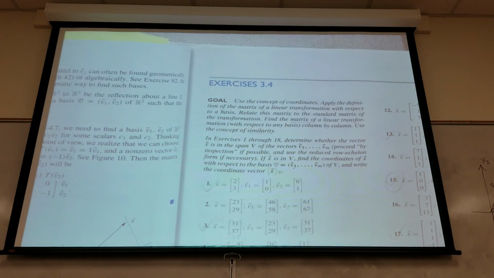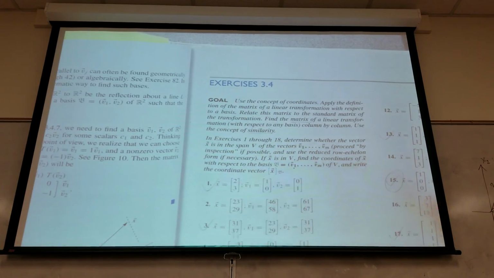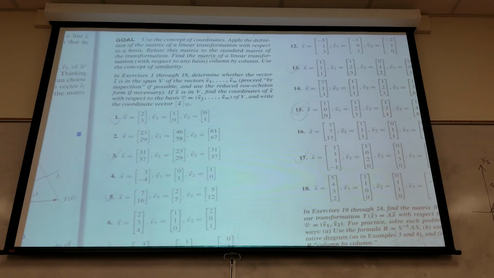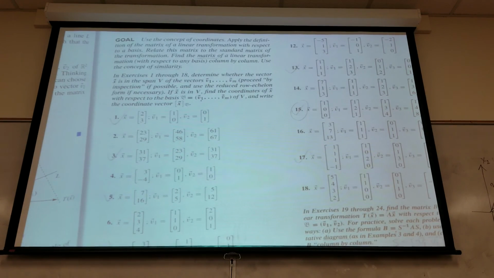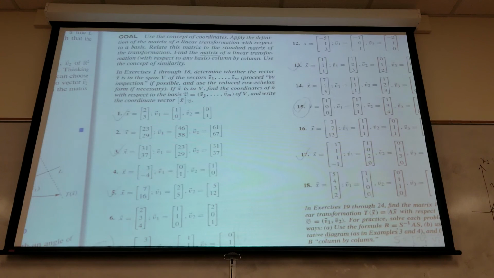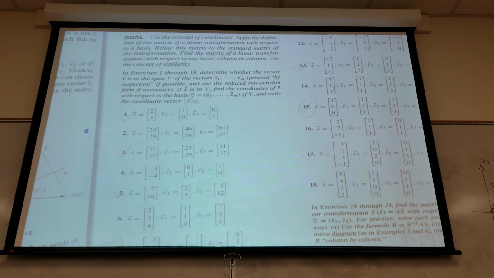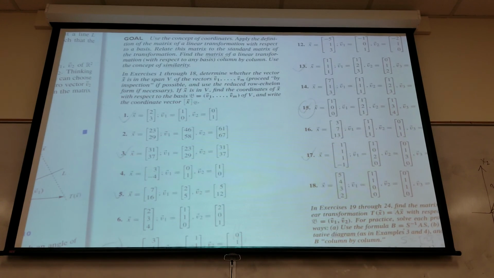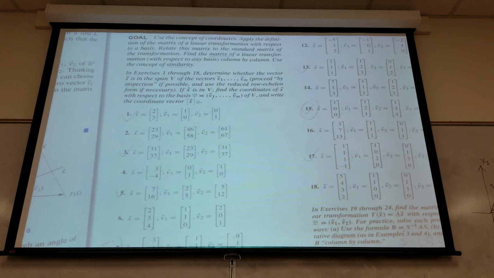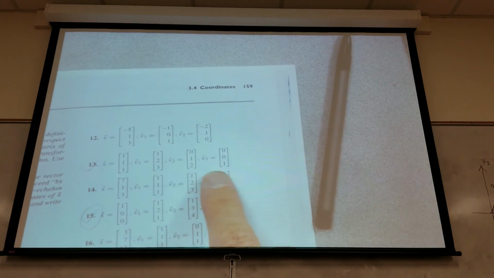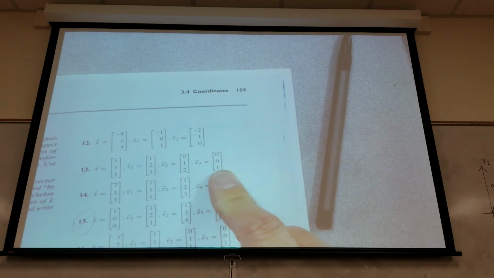The first 2 groups, you find coordinates for given vector x relative to a given basis B, right? That's v1, v2, or v1, v2, v3. So most of them are v1, v2. I don't see any v1, v2, v3. Oh, here number 13, yes, v1, v2, v3, right?